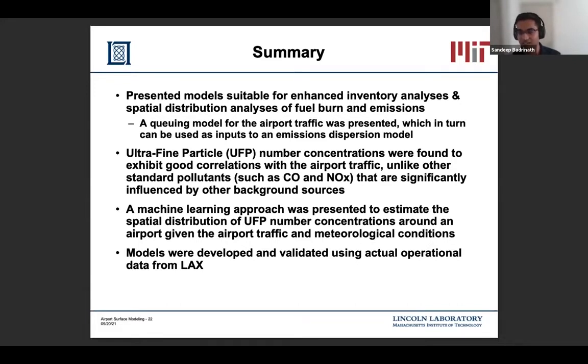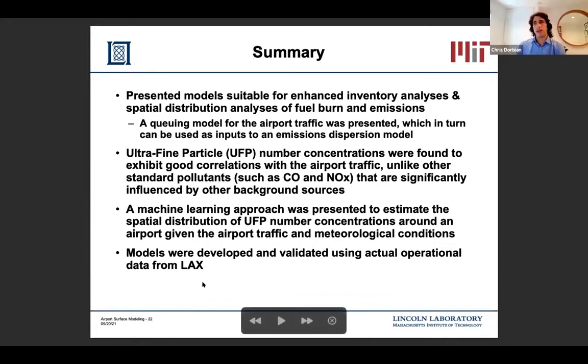So in practice, I don't know how applicable that will be, but at least in theory, we can tell you which is the best runway configuration to choose and what would be their environmental impacts and so on.